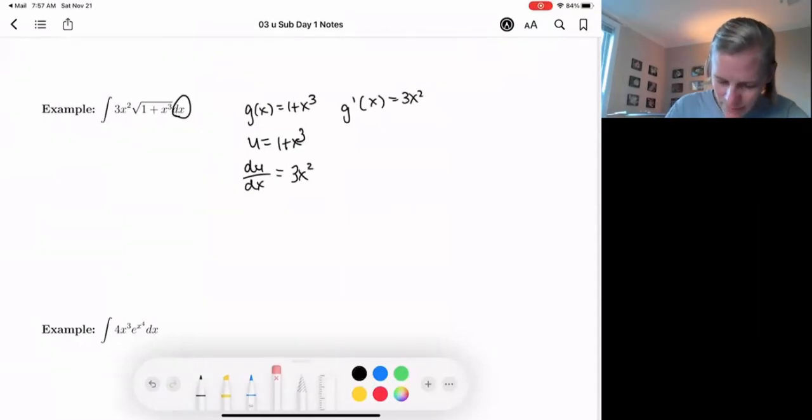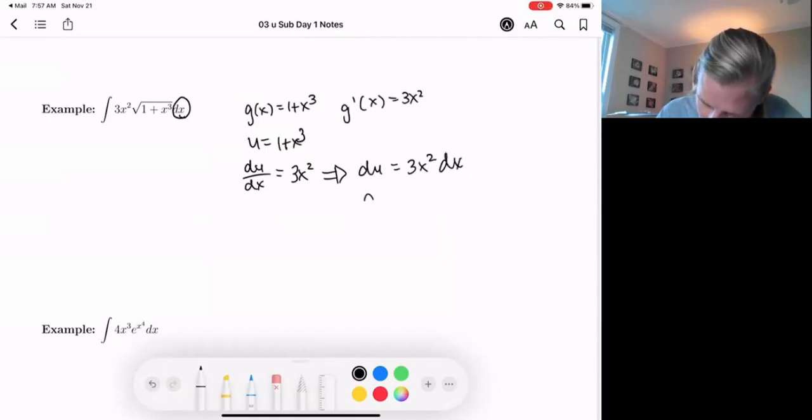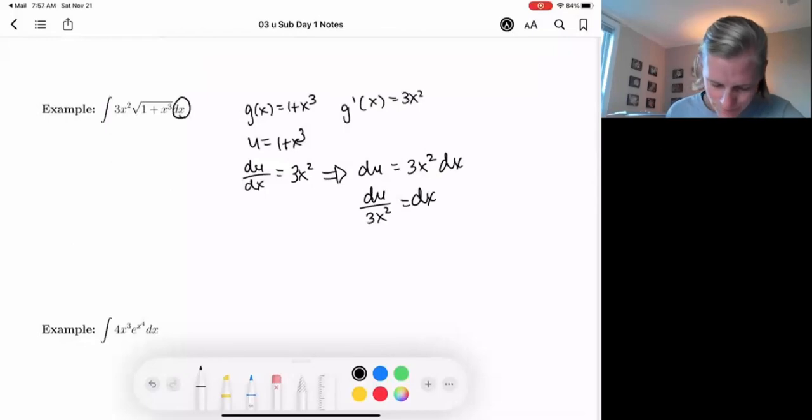Now I'm going to try and write my integral totally in terms of u. In order to do that, I need to say what dx is equal to, so that I can replace this dx with an expression that has u in it. So if I solve here, du is 3x squared dx. So du over 3x squared is dx.